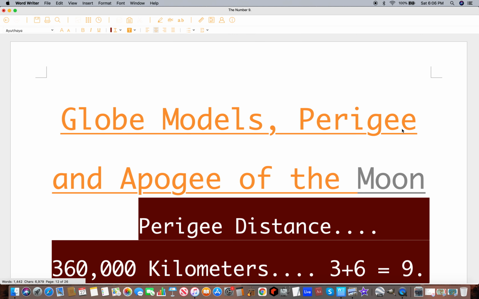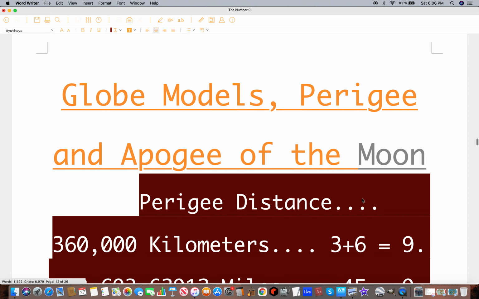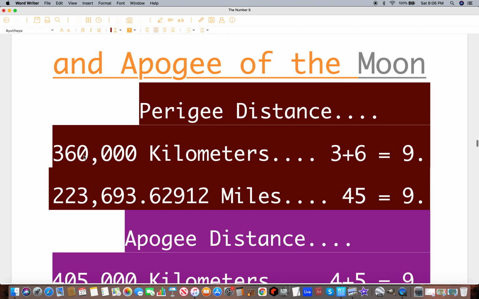Globe models, perigee and apogee of the Moon. Perigee distance, 360,000 kilometers. Okay, that's 3 plus 6 equals 9. 233,693.62912 miles, which adds to 45, which equals 9.